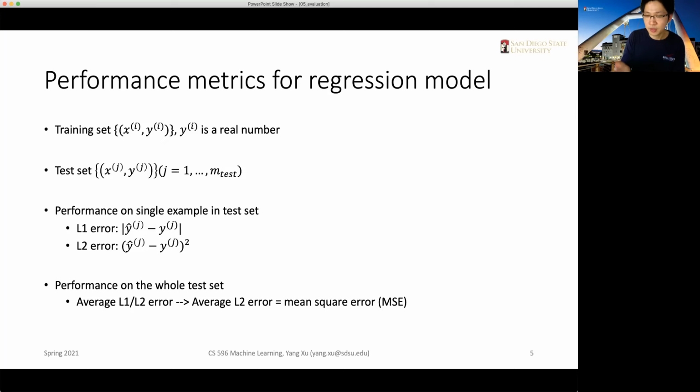The average L2 is just the mean square error that we use for training the model. Sometimes we can also include the variance of the errors. I have just one slide for the regression model. As I said, there are tons of details about how to interpret a regression model, which is not the focus of our class today.